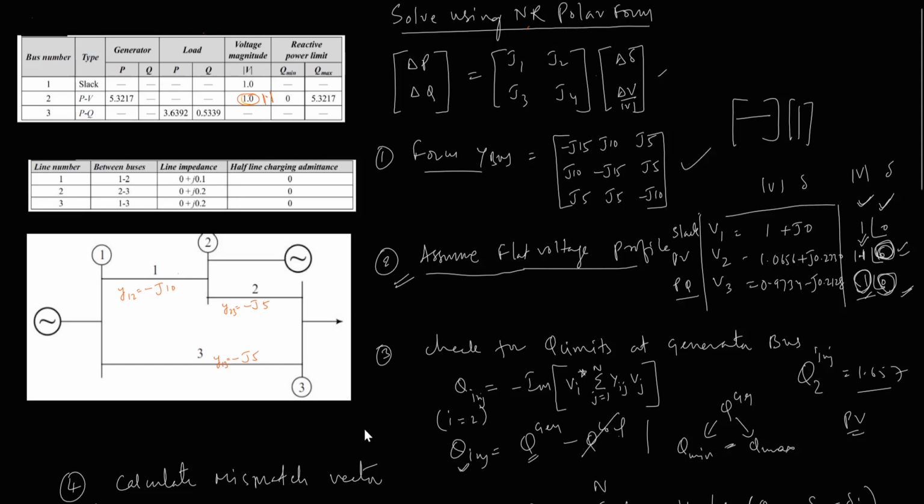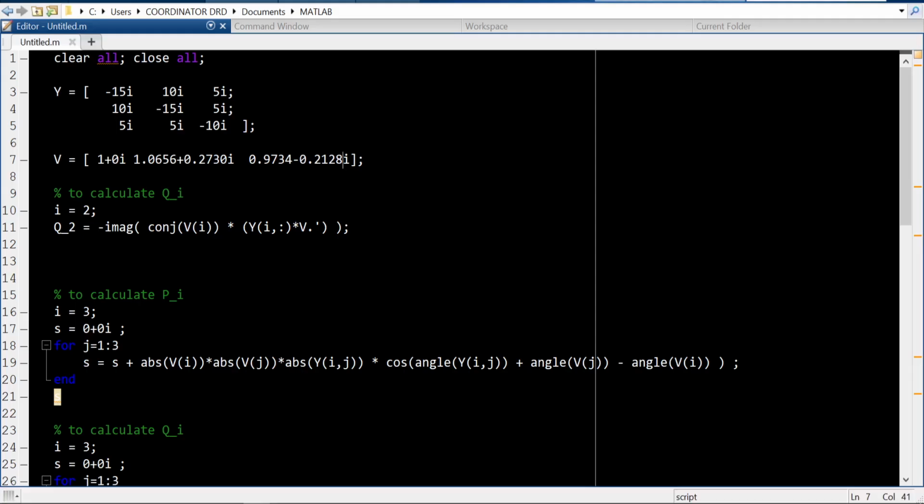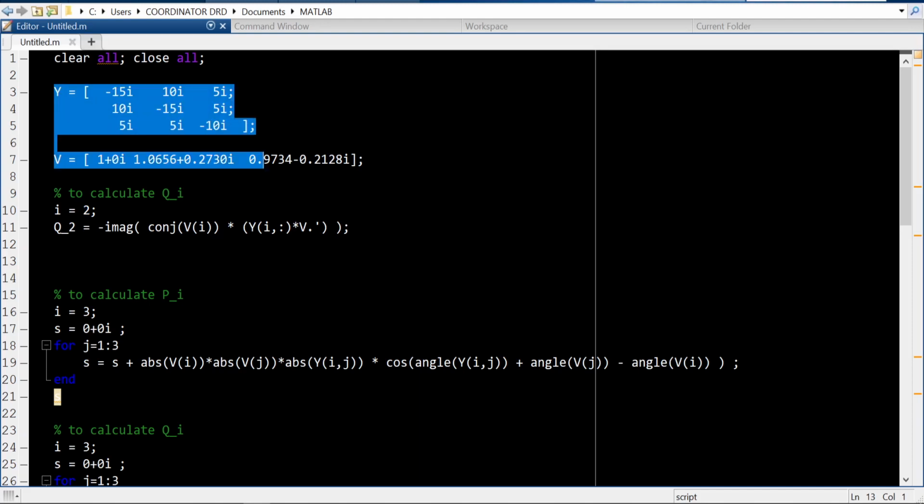Then with these voltages, let us check once again whether the second bus is still a generator bus or a load bus. So first we do that. Second bus, I2, that is minus of imaginary part of conjugate of V2 multiplied by this row and this column. Okay, so I have placed the V's. Now I have to run this once again so that my voltages will be updated.